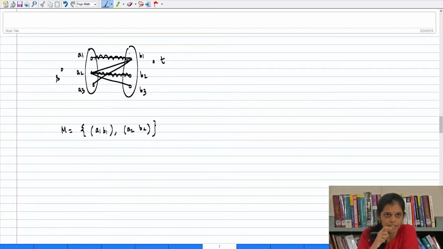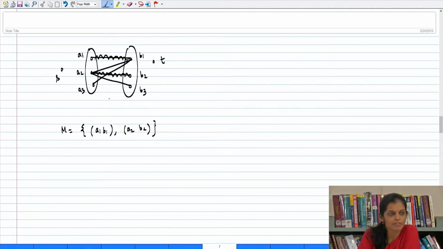It is a maximum matching, right? So now we would like to show that this is a maximum matching. In the course we will also show a vertex cover of the same size and also prove that there is no augmenting path, right?